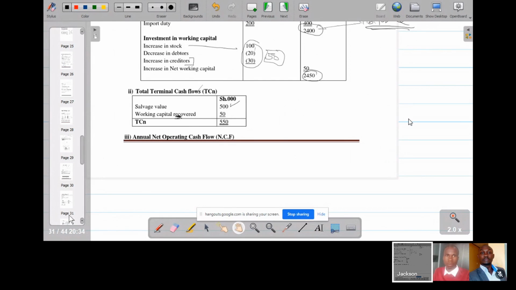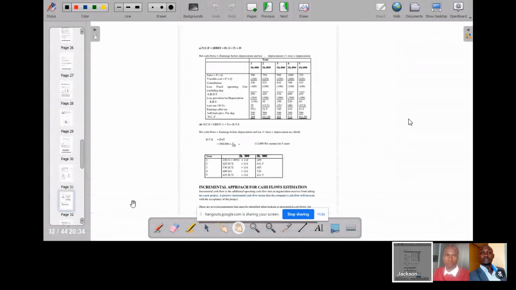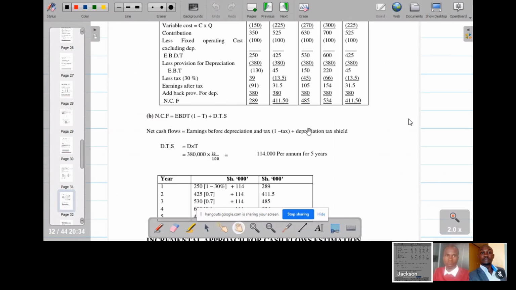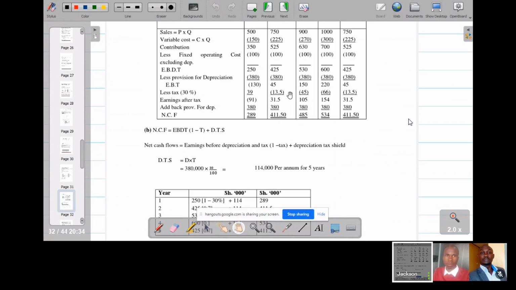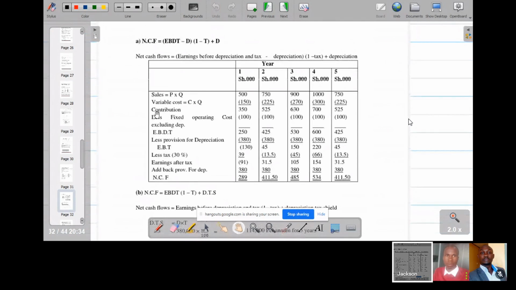Okay. Then now for the operating cash flows, you just prepare the same table as the one we made.